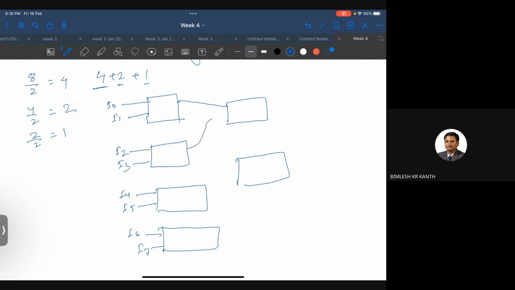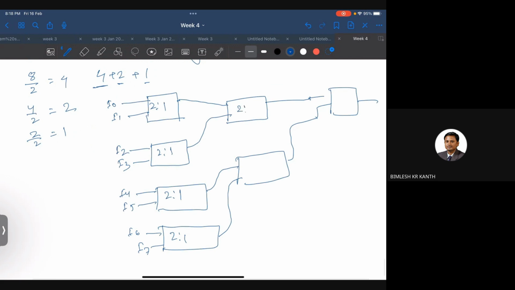Here, here, here, here, and again a 2x1 multiplexer. This is 2x1. This is 1.